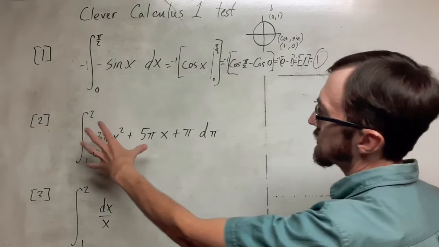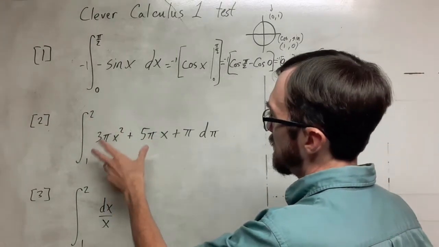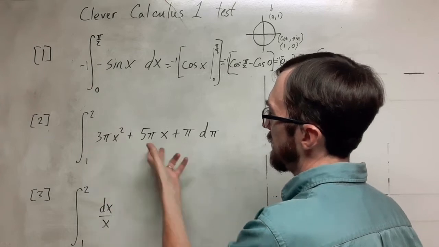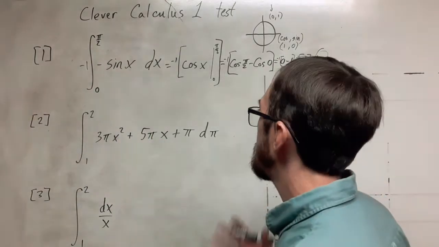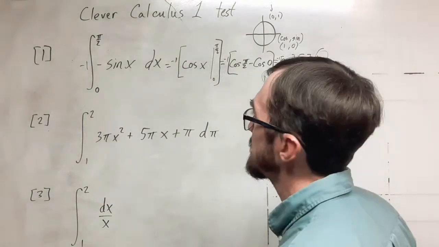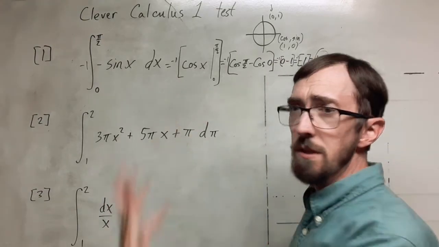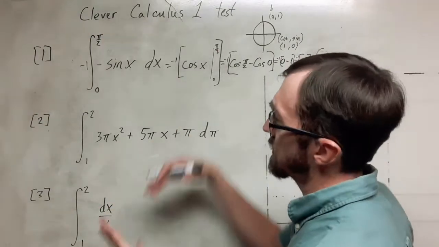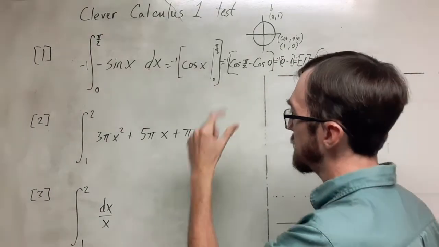When some of us first saw this integration, we thought it was going to be pretty straightforward. Though we have a pi in here, we have a fairly quadratic look to it, so not really too much of a crazy challenge. But some of us either didn't understand or didn't realize, because of the pressure of the test, that the differential over here had pi, not x.